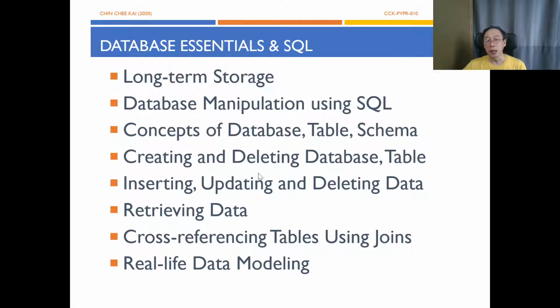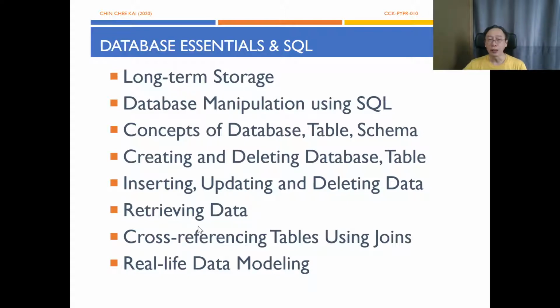Then we look at how we can use SQL, speak SQL to create, delete databases, tables, all right? And then inserting, updating data, deleting data, the standard usual operating commands that are necessary. And then there are of course along the way some special situations that we need to be aware of, and we'll see how to go about those.